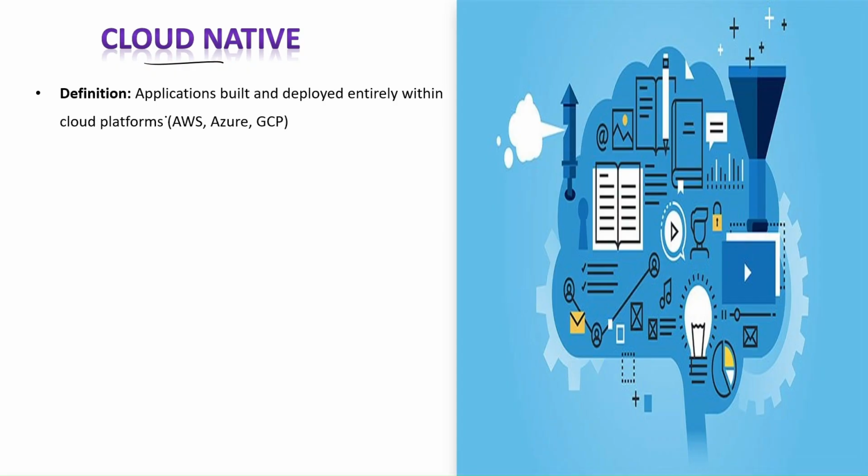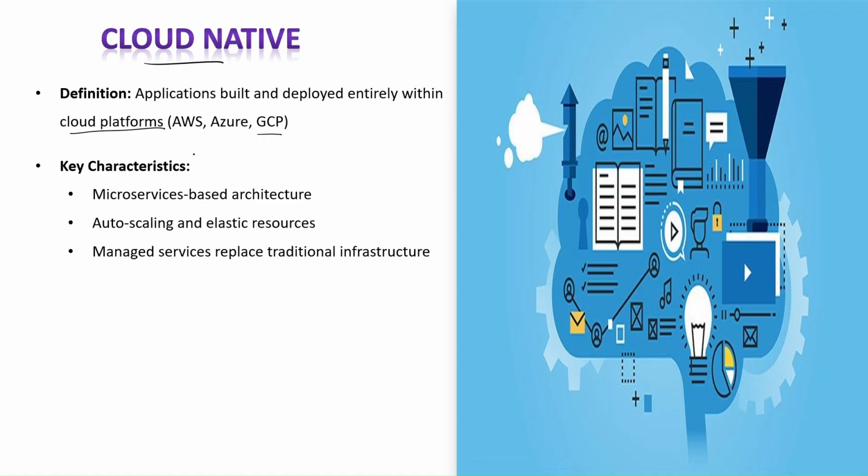So what is cloud native? Cloud native means applications that are built and deployed entirely within cloud platforms such as AWS, Azure, or Google Cloud Platform. Key characteristics of cloud native applications are that they are based on a microservices architecture.